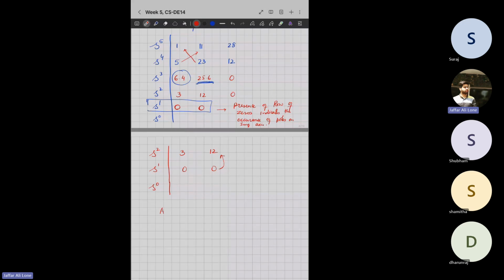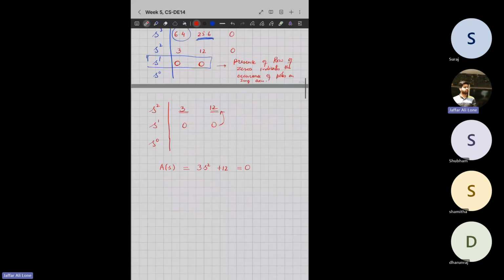I'll use 3 and 12, and it is 3s square plus 12 equal to 0. So I made this auxiliary equation just by making use of the elements of the row just preceding the row of zeros.